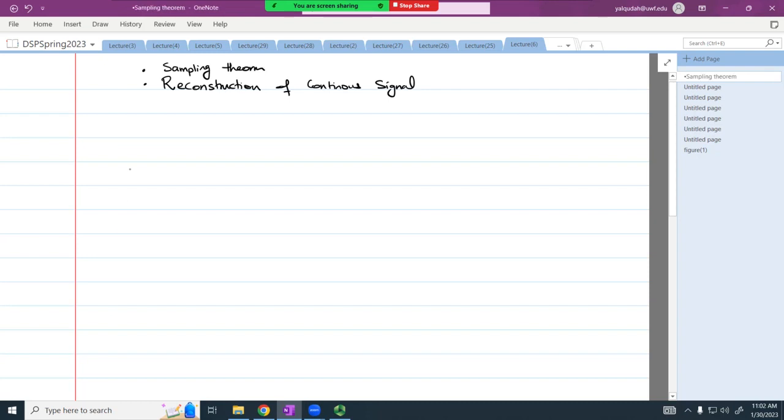What we're going to look at first is how does the Fourier transform of the sampled signal relate to the discrete time Fourier transform? So how does the Fourier transform of x_s(t) relate to the discrete time Fourier transform of x[n]? And then we'll do an example and we'll illustrate all this.